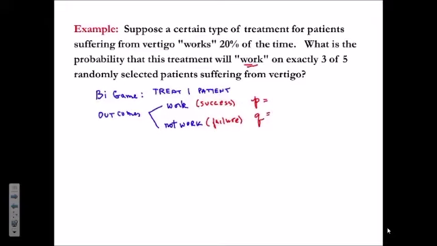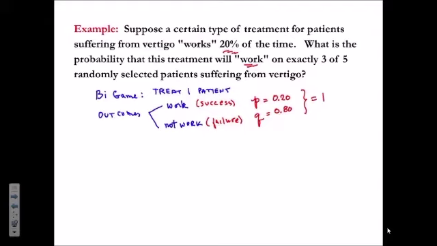Now, since it says the treatment works 20% of the time, that means the probability of success is 20%. We usually write this as a decimal. And therefore, it does not work 80% of the time. So Q would be 0.80. These two always add up to 1.